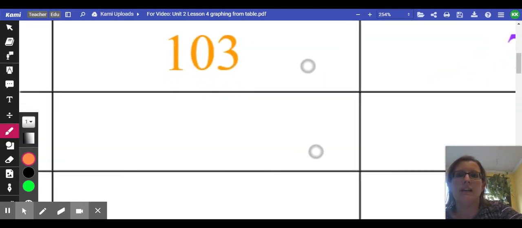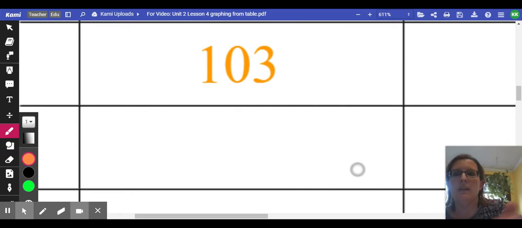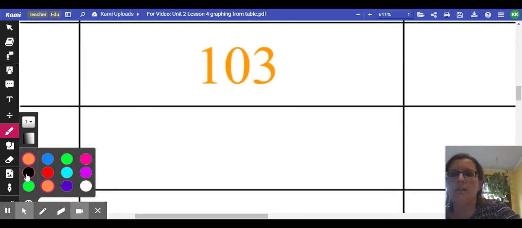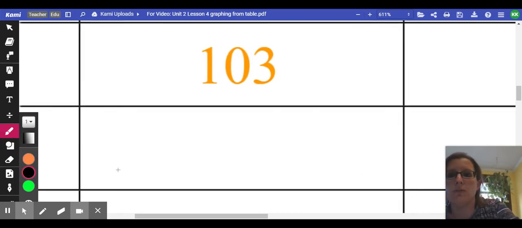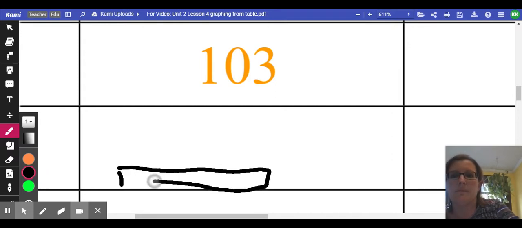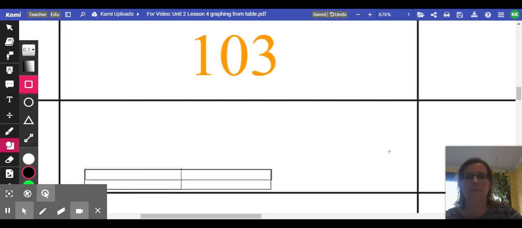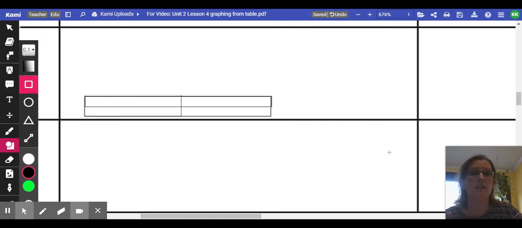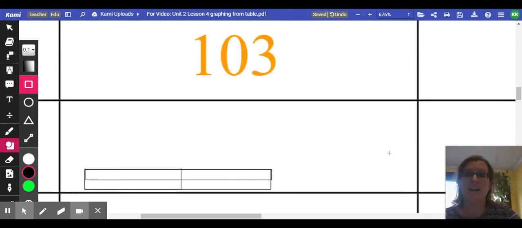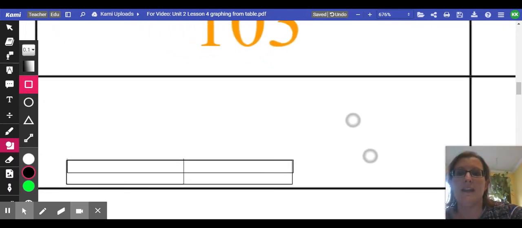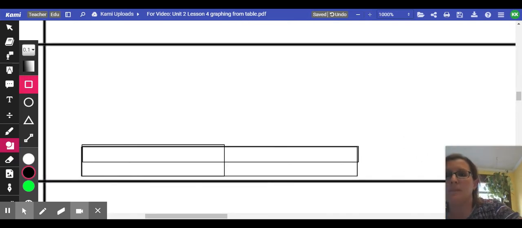In 6th grade, you used tape diagrams to show these relationships. My drawing was not looking so lovely, so I stopped and I made the tape diagram.